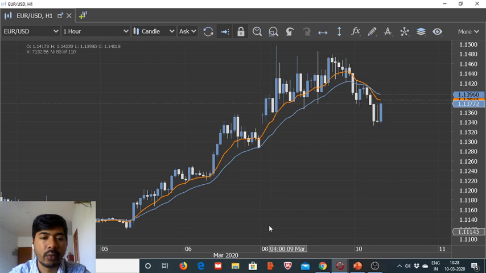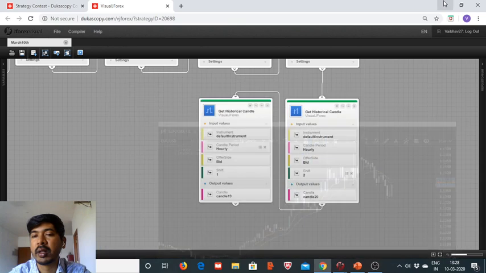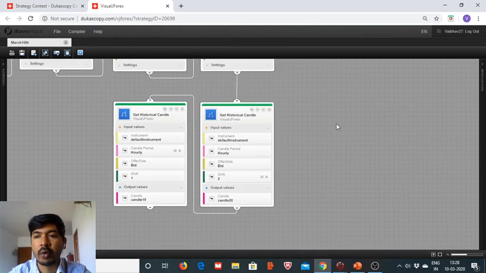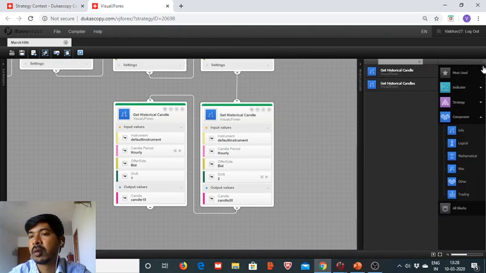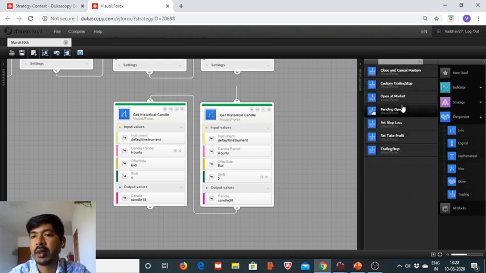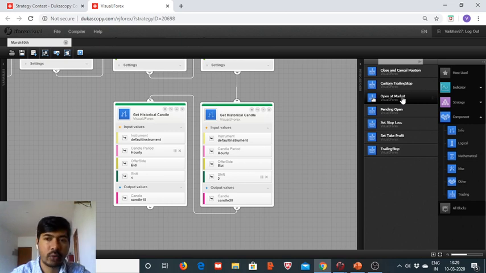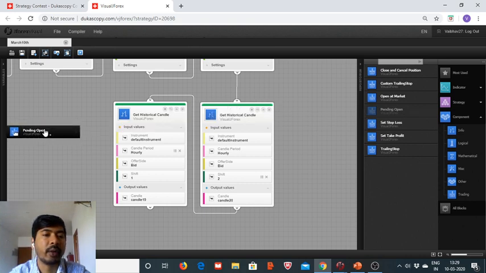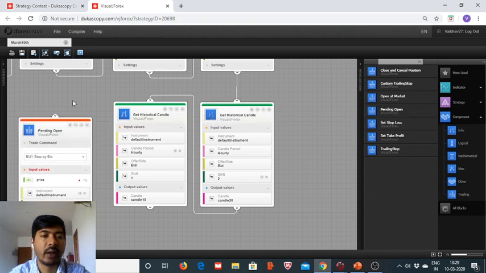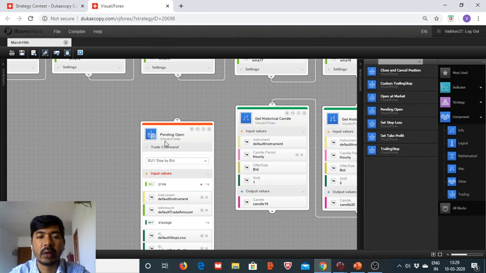We will now need to bring in the market open conditions block. I think this time around we should try to work with pending open only. For the last session we had done the market open, so instead of market open we will employ the pending open this time, and we will do the necessary calculation later on.